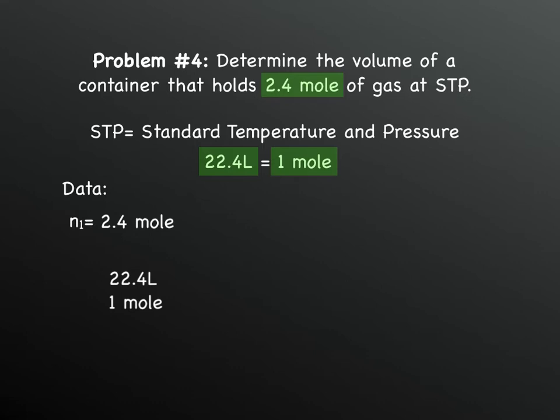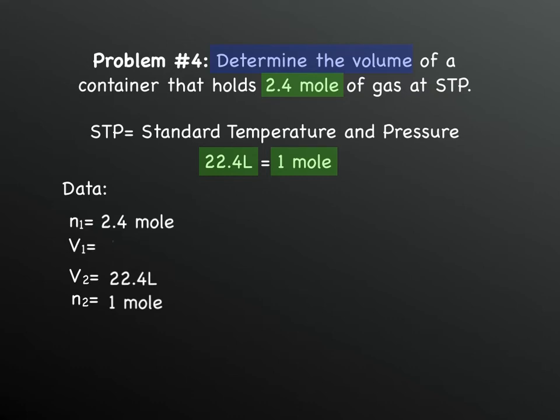There's my N. N is moles. My 22.4 is volume, and N2 is 1 mole. Looking at the variables that I have, N1, V2, N2, I don't know what I'm looking for yet. Let's see. Determine the volume of the container.